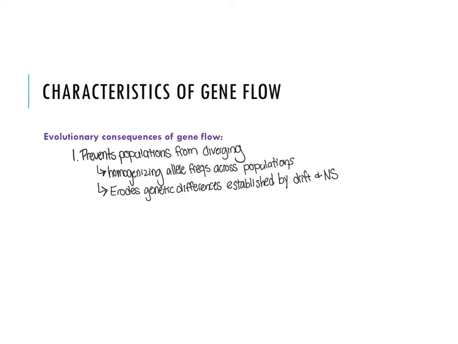All right, so the second big pattern of migration and why it's important for evolution is that it can also increase diversity in a population.